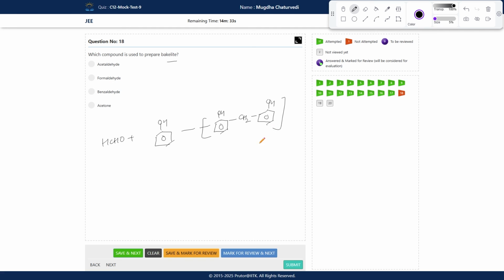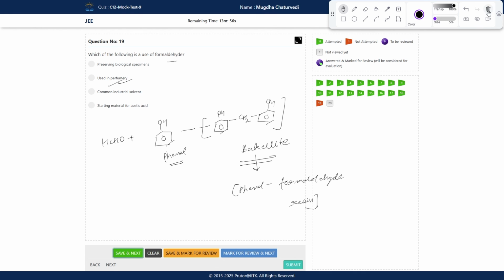So this is bakelite. Formaldehyde reacts with phenol to form bakelite. So the correct option will be formaldehyde, which is B1. Bakelite is also known as phenol formaldehyde resin. So the correct option is formaldehyde.